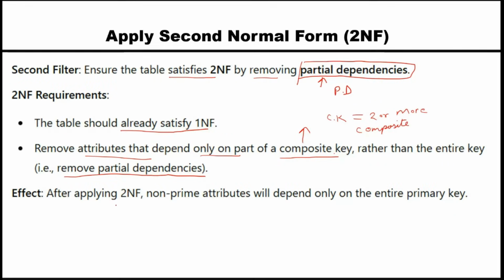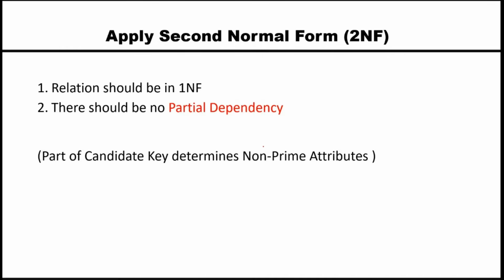And the outcome after applying the second normal form is that non-prime attributes will depend only on the entire primary key. Okay, it is difficult at this point, so let's slowly try to understand this second normal form. I have put it in a very simple way.